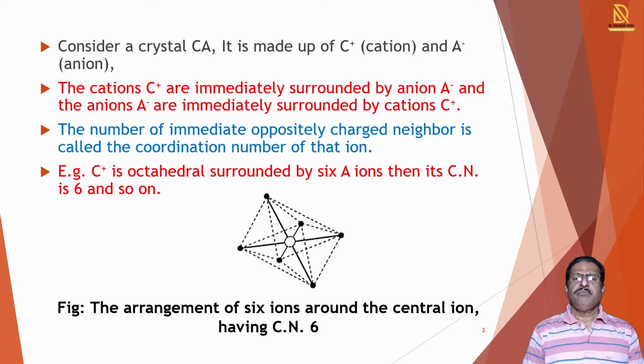The number of immediate oppositely charged neighbors is called the coordination number, and we have already discussed this. In this example you see at the center there is one cation, and that cation is surrounded by 6 anions, so the coordination number of this cation is 6.